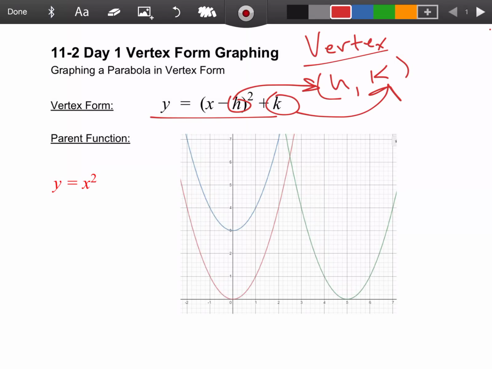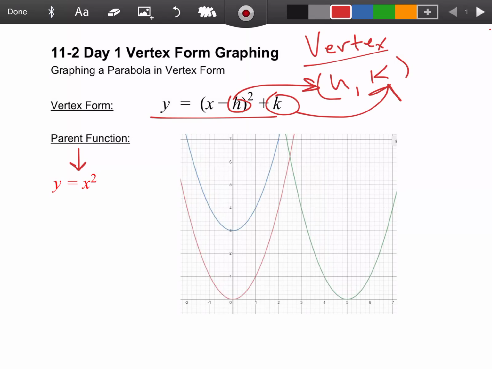There's a couple of graphs here that I wanted to go through and show you. So we have something called the parent function, which is the simplest function for each family of functions. But here we're just talking about quadratics. So here we have y equals x squared. This is the parent function of quadratics.